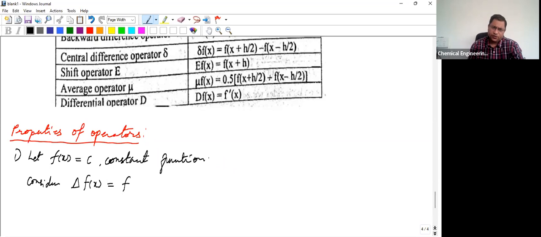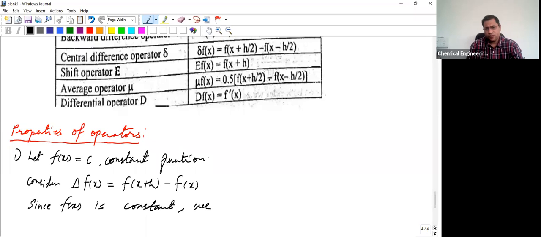So what we can have, we have f of x plus h minus f of x, right? Since f of x is constant, we have f of x plus h equal to c, and f of x is also c.